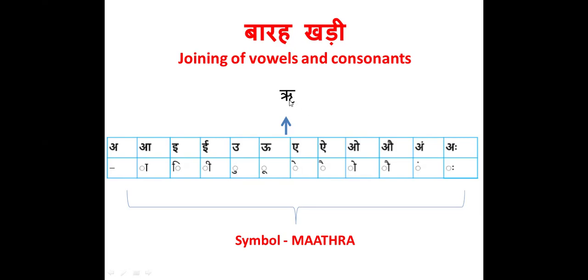See this curve, this matra is used for Ri or Ru. The next ones, for E, this matra, Ai, this matra, O, this is the matra, Au, this is the matra. For Am, the dot, and Aha, the two dots. These are the symbols used when joining vowels with consonants to form Barakhadi.